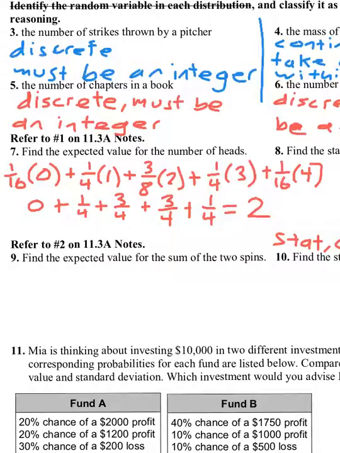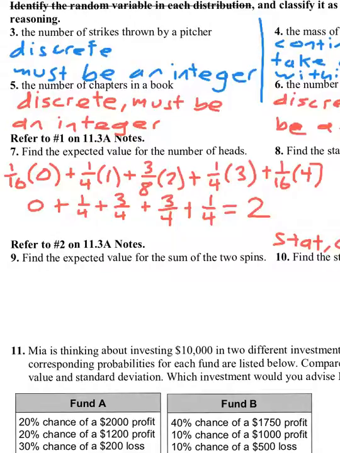So 1 over 36, and I have them memorized. 2 over 36, 3 over 36, it just follows a pattern. 4 over 36, 5 over 36, until you get to 6 over 36, and then it counts down from there. 5 over 36, 4 over 36, 3 over 36, 2 over 36, and the last one is 1 over 36.